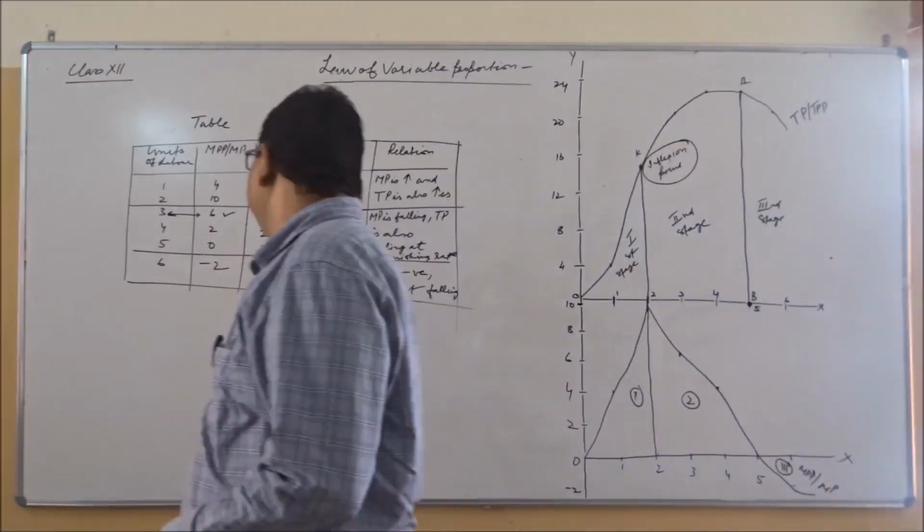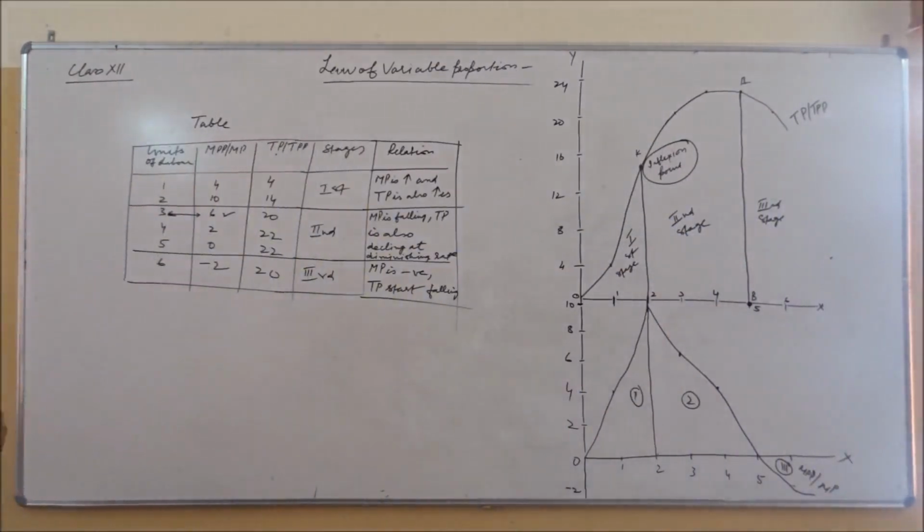My dear student, as soon as the third unit of labor is employed, it produces only 6 units and MP is 6. So TP becomes 20, then the fourth unit, MP becomes 2 and total product becomes 22.